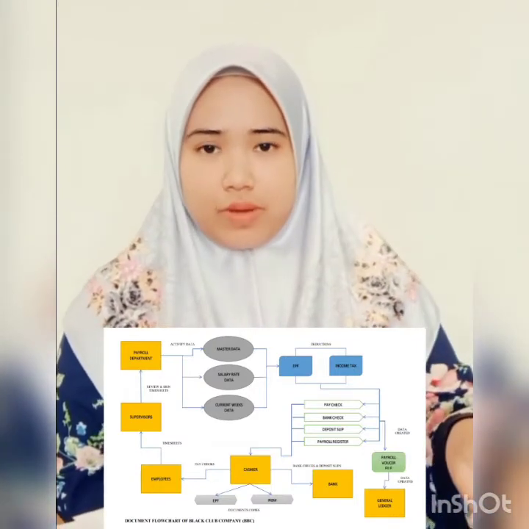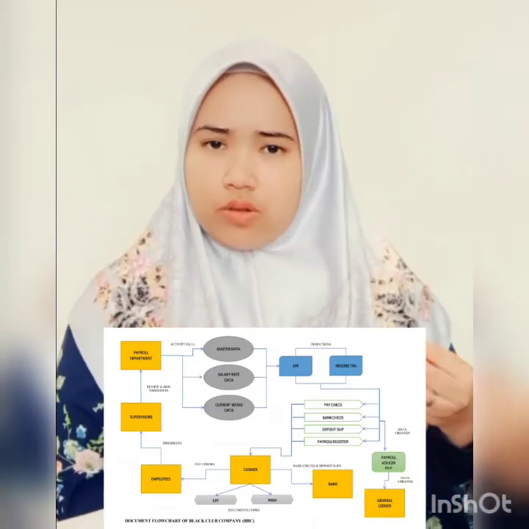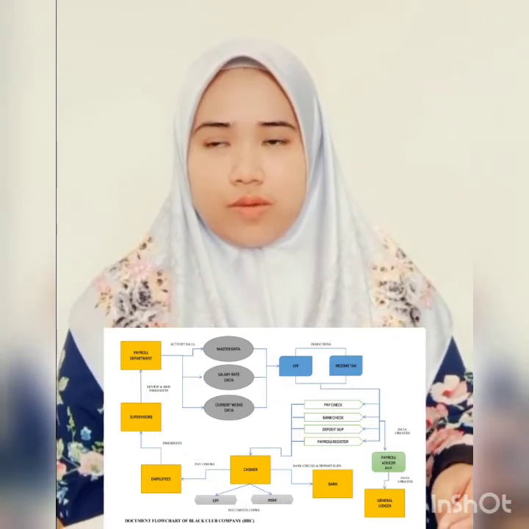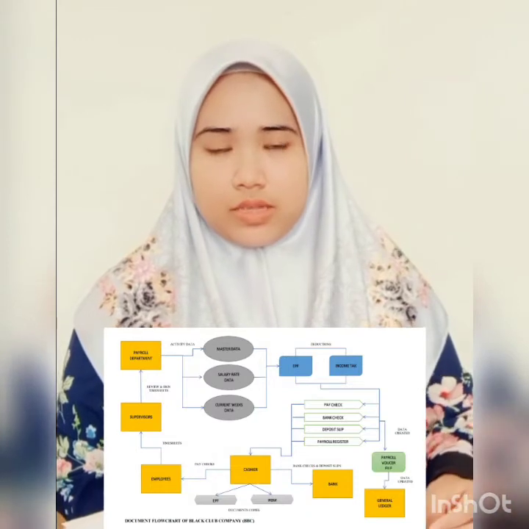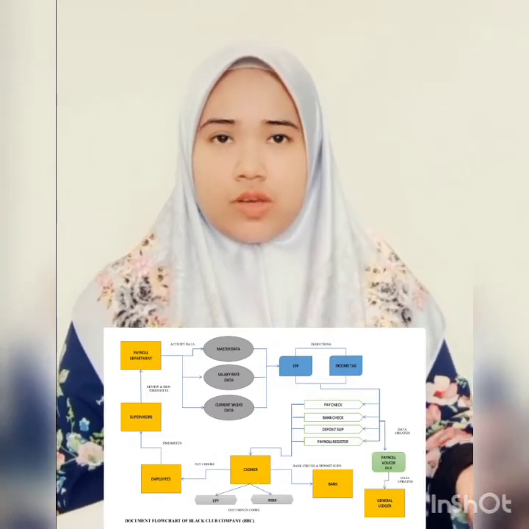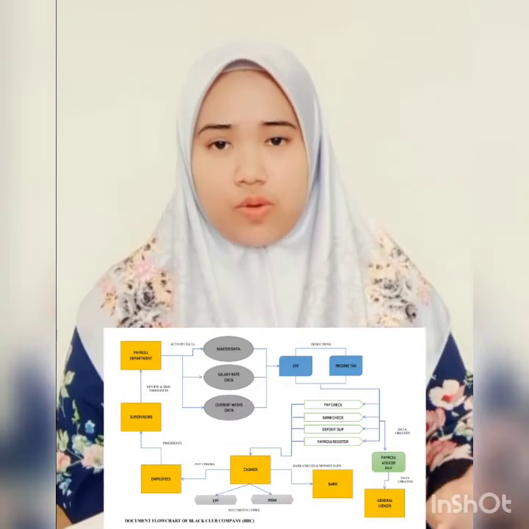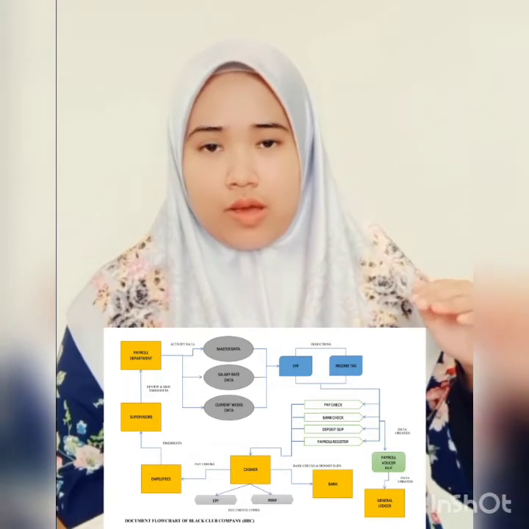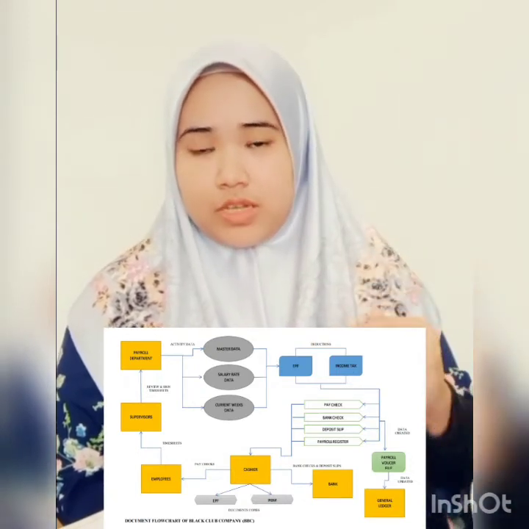The payroll department needs to key in all the data weekly to be filed by departments such as finance department, admin, HR, and so on. They will be filed by department and put in alphabetical order.